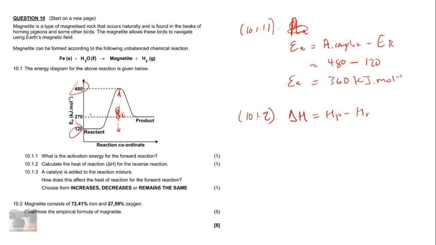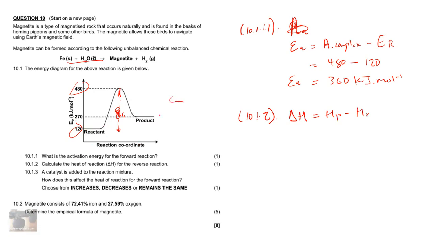Here's the thing. They literally told you, okay, this is the forward reaction, right? The reactants form the products. Here we have Fe and H2O, which is this here. And then here we have magnetite and H2. This is the forward reaction.